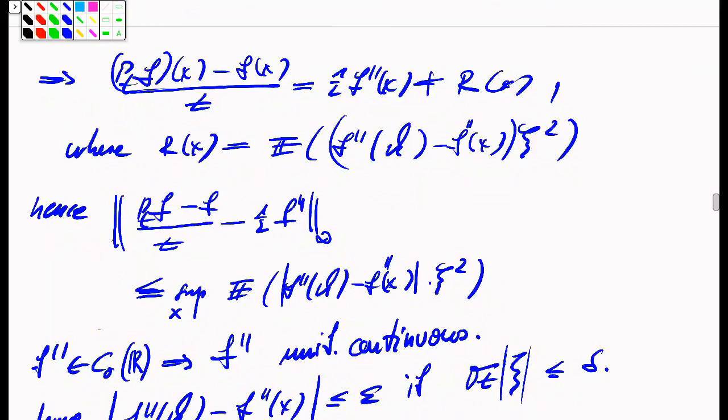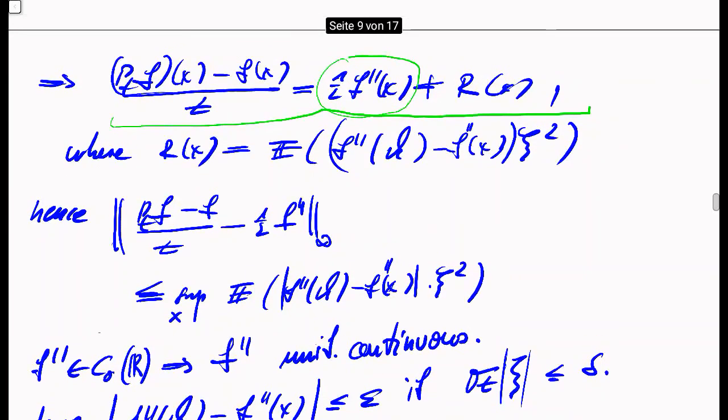So in this last transformation of this difference quotient, we have already seen that this quantity that we conjecture is the generator of Brownian motion applied to the function f shows up already. So therefore I have an idea of what the limit of this difference quotient might be.